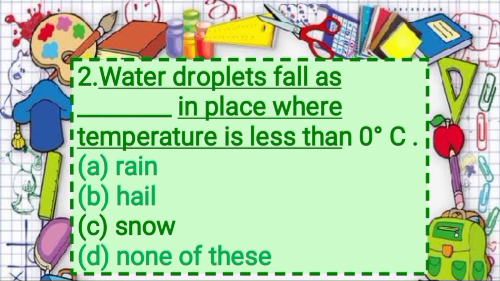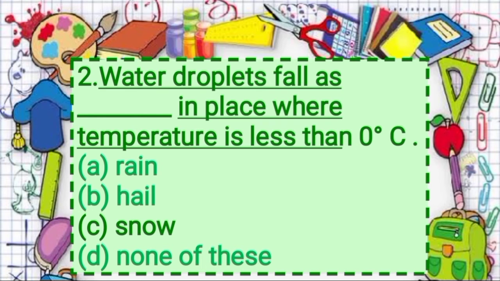Now next question. Water droplets fall as a dash in a place where temperature is less than 0 degree Celsius.